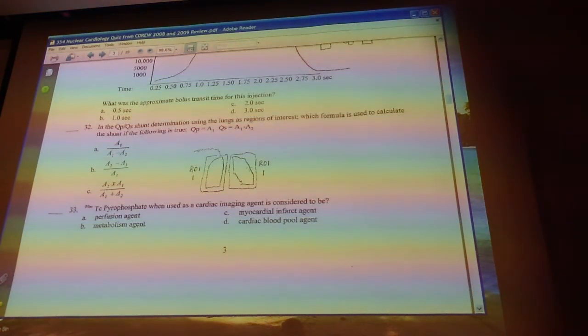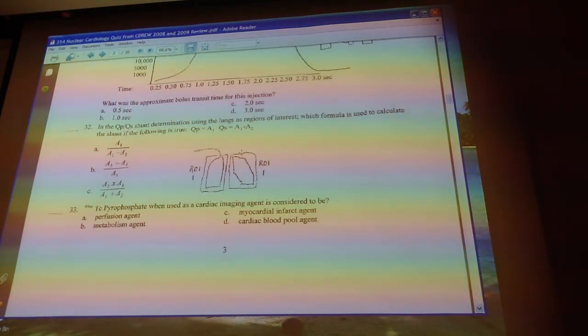Okay, there's no shunt. It means that the amount of blood coming into the heart equals the amount of blood going out to the body. So the QP-QS ratio is 1. Okay? Yeah. 1 means that there's no shunt. Anything normally higher than like 1.5, if you have a 1.5 ratio, then that means that you have a shunt. Okay?